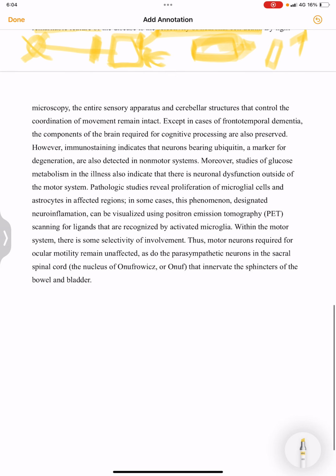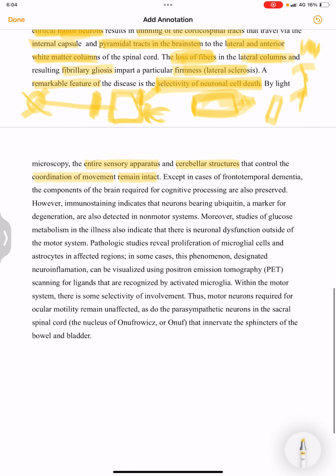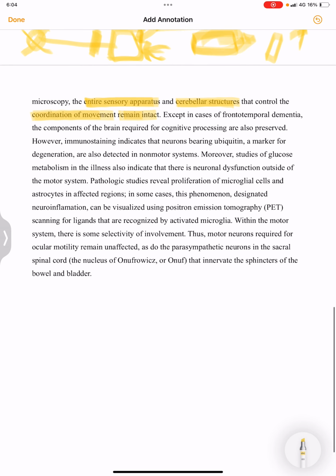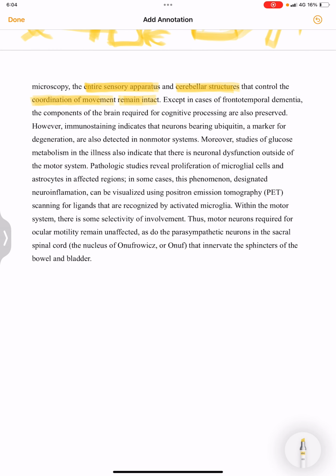If we examine by light microscopy, the entire sensory apparatus and cerebellar structures that control the coordination of movement remain intact. So only motor neurons are involved. Except in cases of frontotemporal dementia, the components of the brain required for cognitive processing are also preserved.